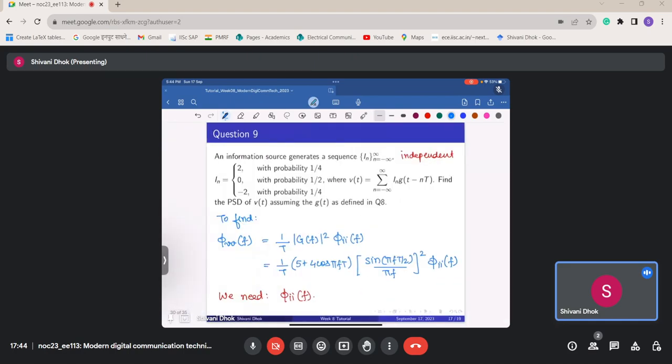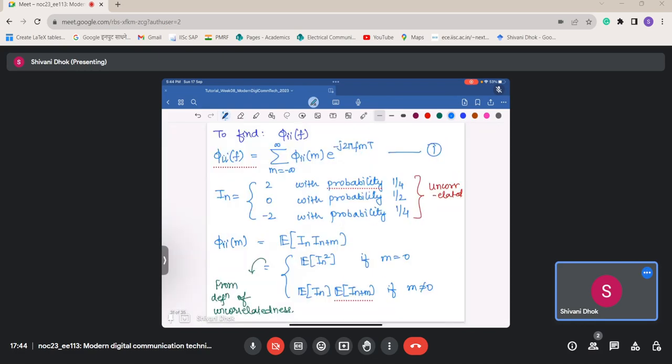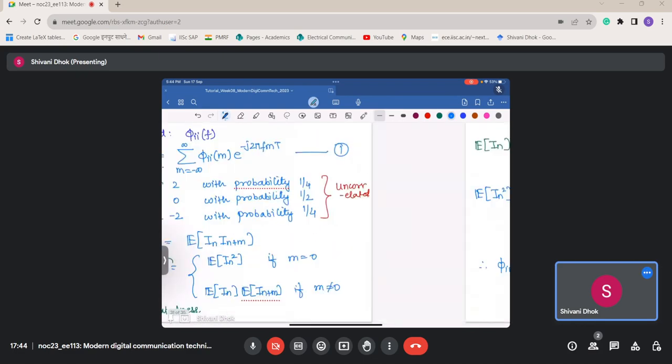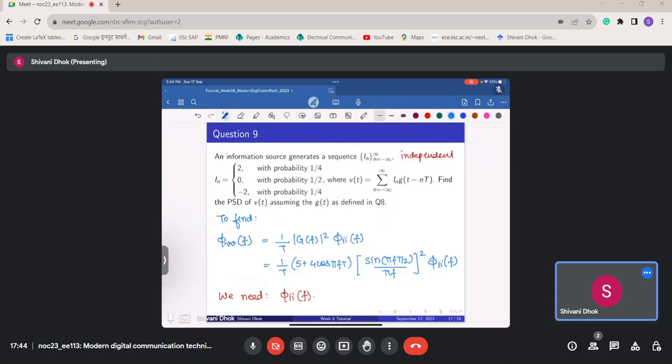So what we are having here is, after substituting this in this phi VV of f, let us take this equation back. So this is what we are having.